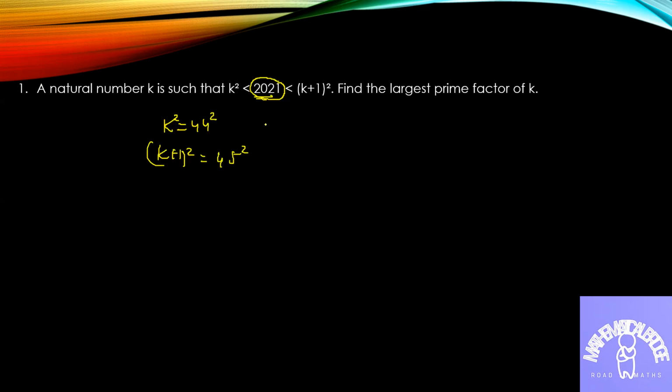And we see that actually 44 square is lesser than 2021 is lesser than 45 square, right? So from here we get the value of k is equal to 44, and this means the largest prime factor of k is nothing but 11. I hope you got it.